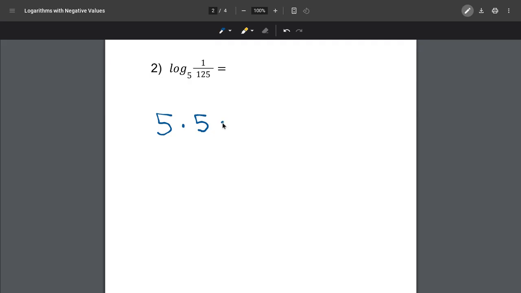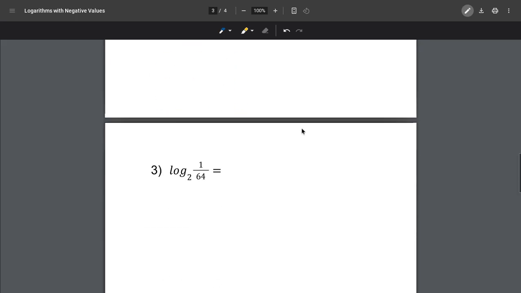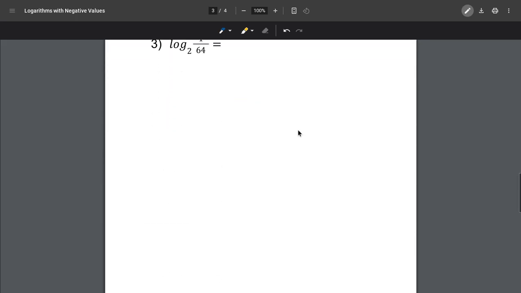We're not there yet. So we multiply by another 5, and now we get 125. But again, this is 1 over 125, so instead of 3, we're going to write negative 3. Let's keep going.